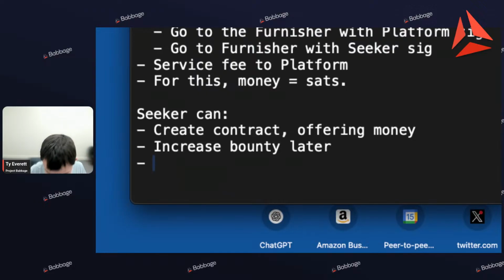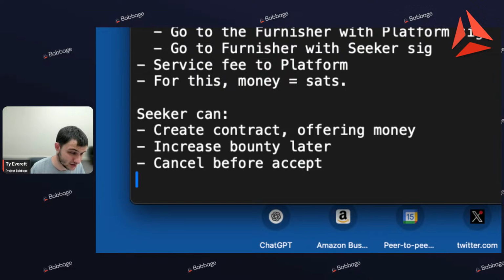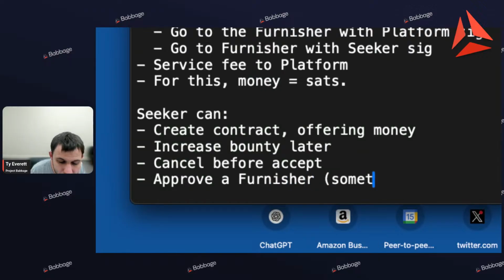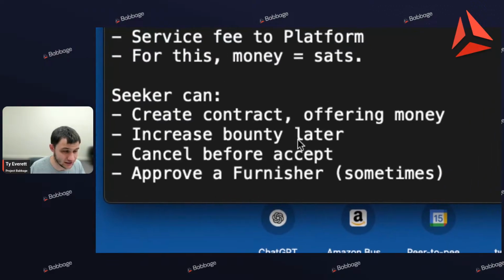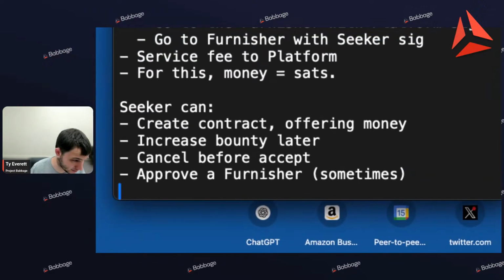increase the bounty later, cancel before accept. Sometimes I can approve a furnisher depending on the context of this contract.